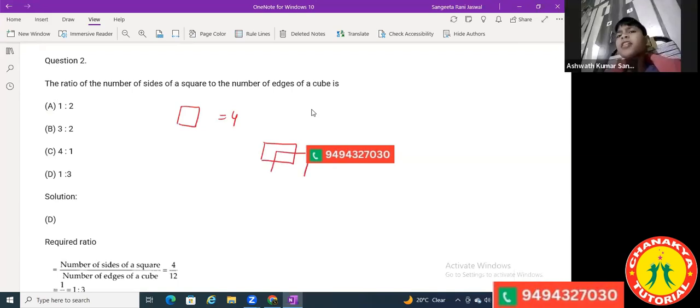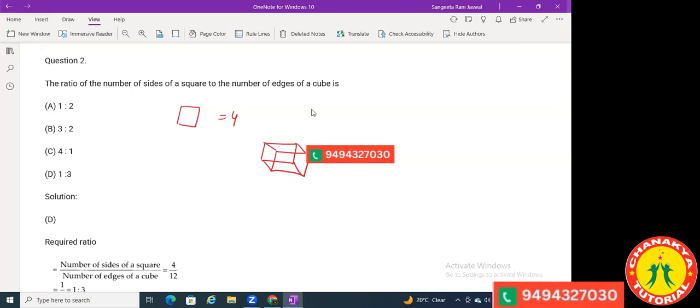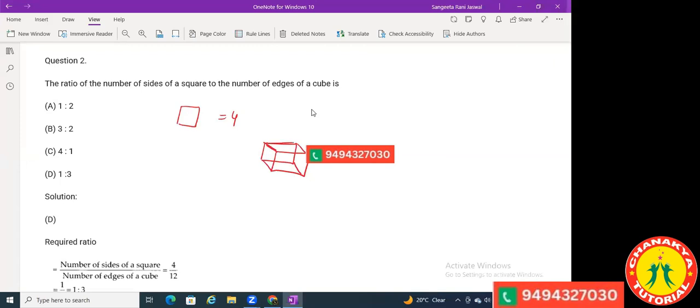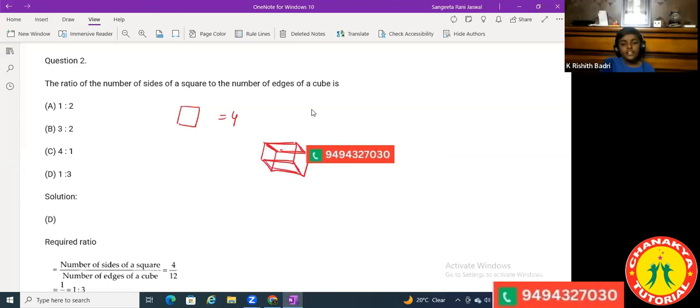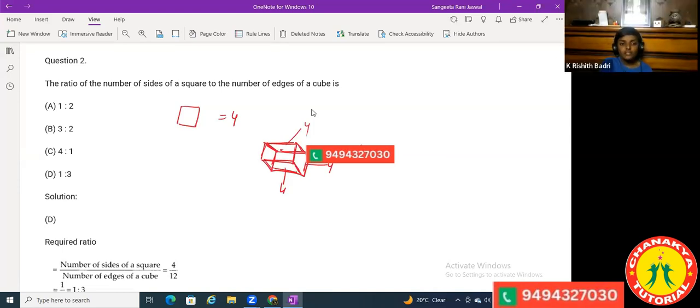Ma'am, 6? Ma'am, are they 12? Yes, this is 4 on the top, 4 at the bottom, and 4 on the sides. So how many are these? 4 plus 4 is 8, plus 4 is 12.